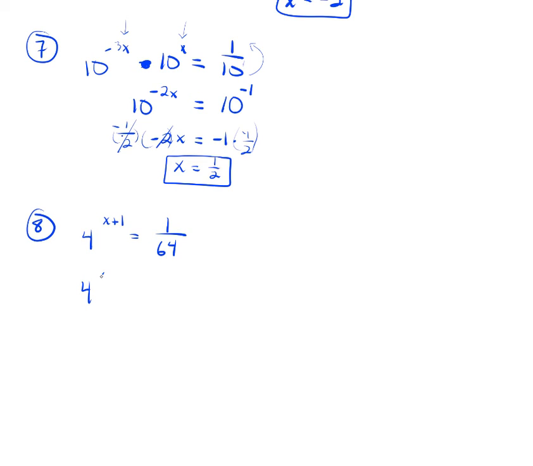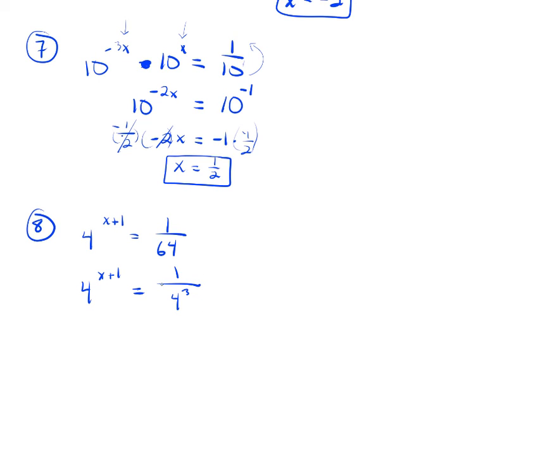So I'll keep the left-hand side. I'll change the fraction, the 64 part, into a base of 4. So 4 times 4 is 16. 16 times 4 is 64. So that would be to the power of 3.